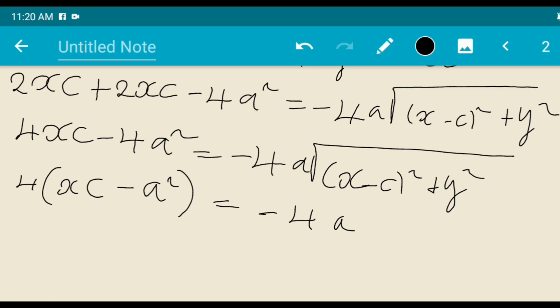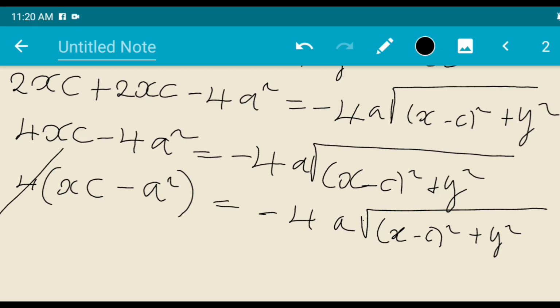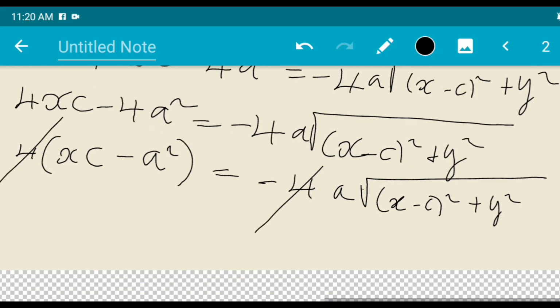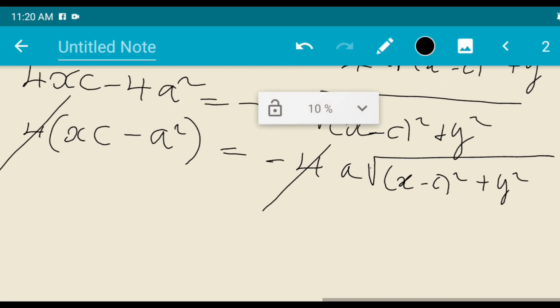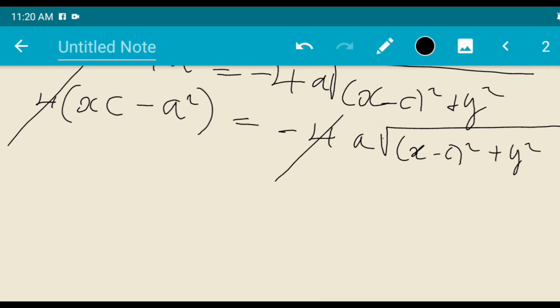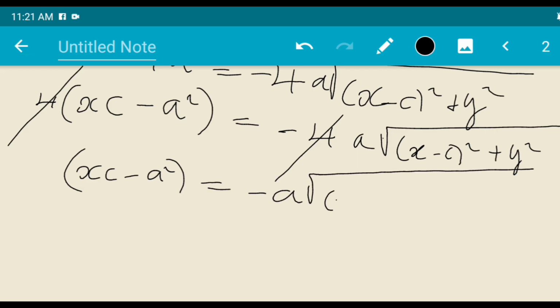We just write it down nicely. So it should be equal to the square root of x minus c squared plus y squared. So this 4 goes with this, and what we're going to remain with on this side is xc minus a squared, we close brackets, is equal to negative a square root of x minus c squared plus y squared.